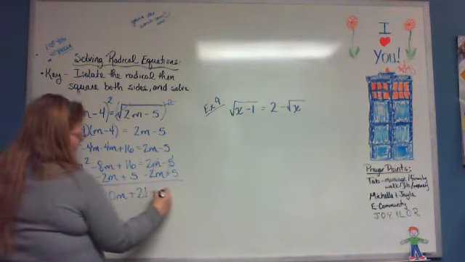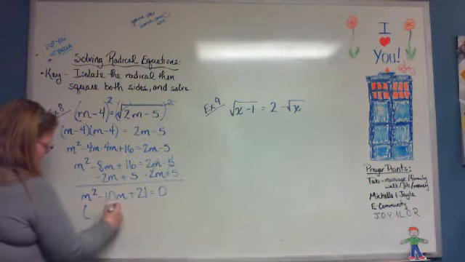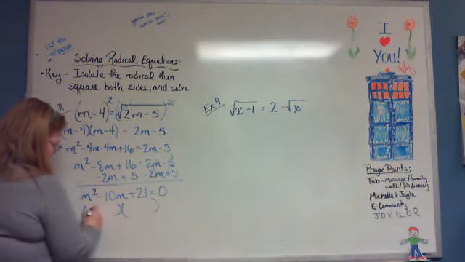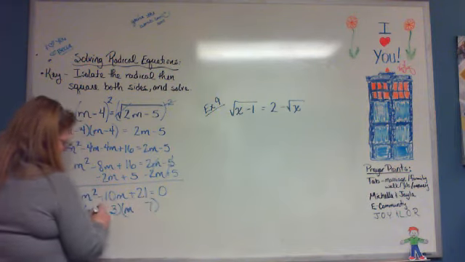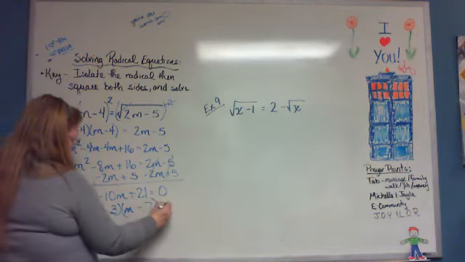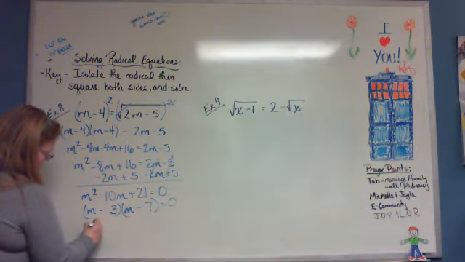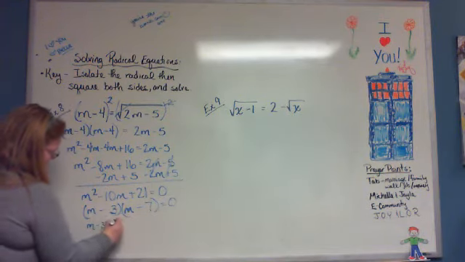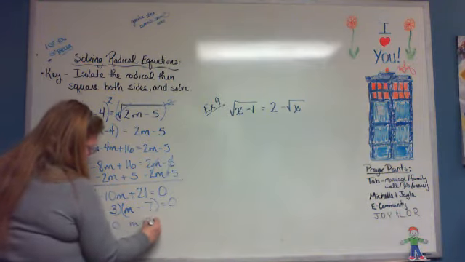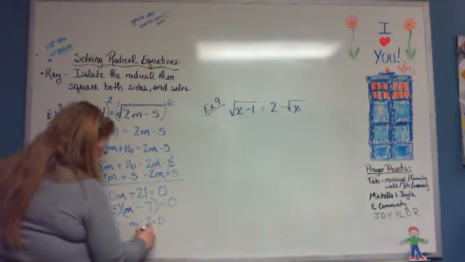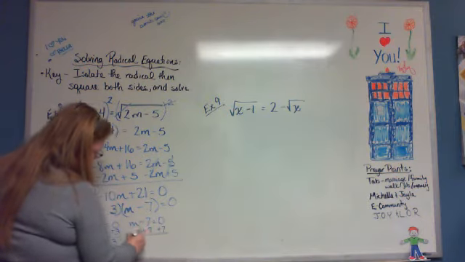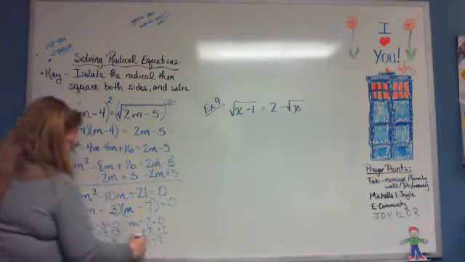Plus 21. That's 3 and 7, they're both negative, equal to 0. So m minus 3 is equal to 0, or m minus 7 is equal to 0. Plus 3, m equals 3. Or plus 7, m equals 7.